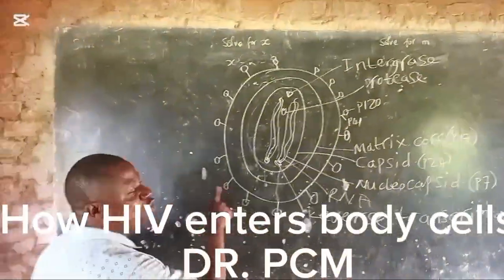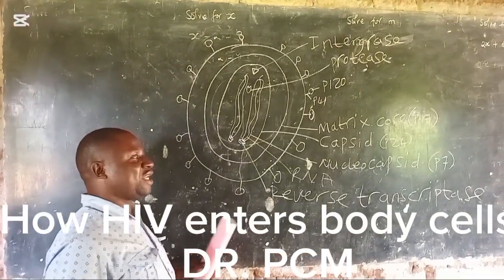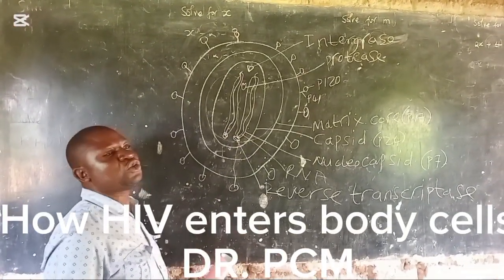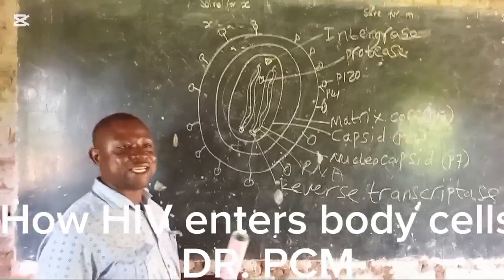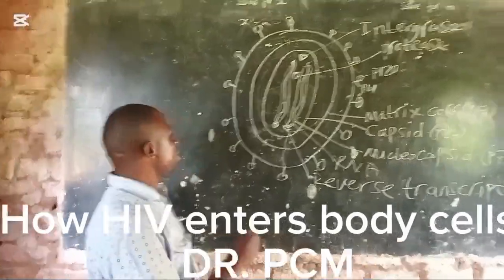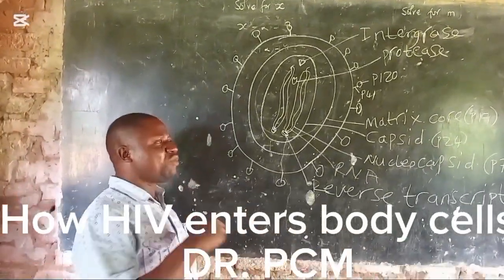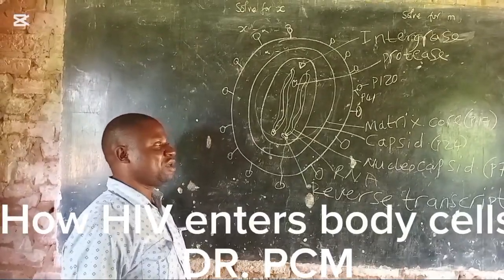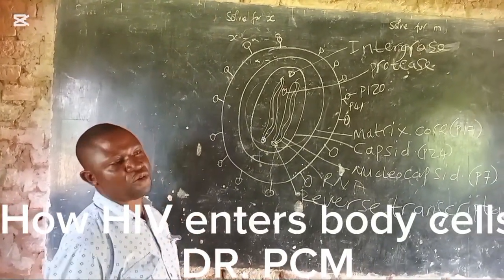So now we want to say how it enters the body cells, how it enters the human cell, the host cell. Because here there are two things. There is getting it from the major source, sexual intercourse.